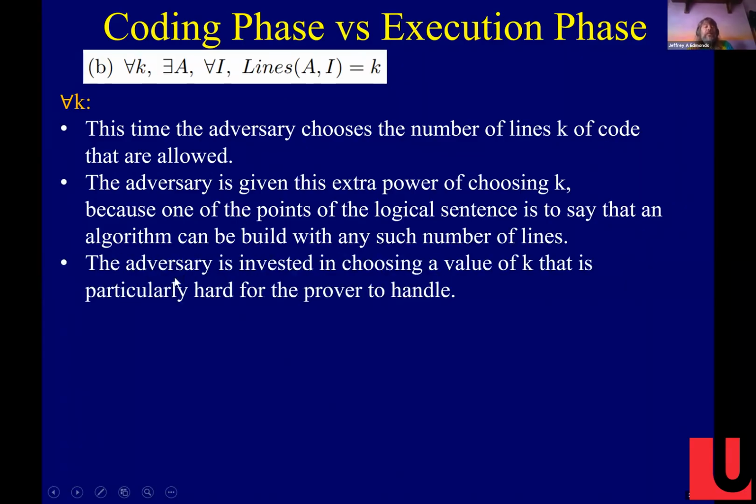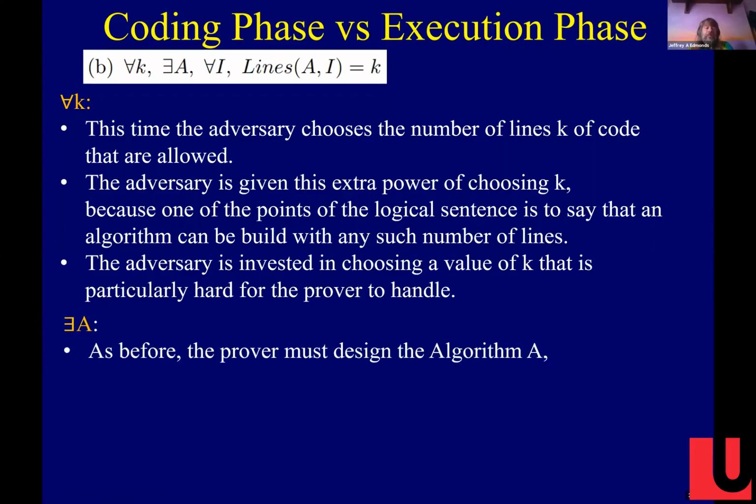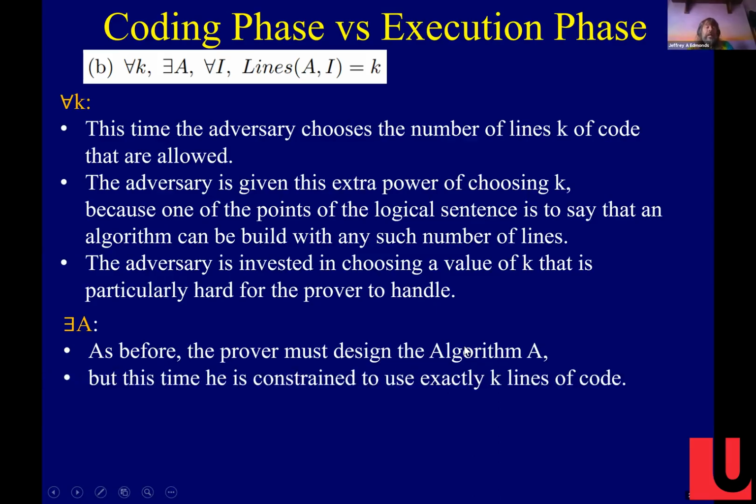The adversary is invested in proving that the sentence is false, and hence the adversary is going to come up with some K that's particularly hard. And then, once we know K, the prover, it exists, so the prover comes up with an algorithm. And he has a constraint.